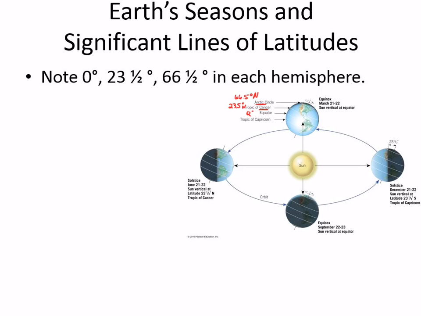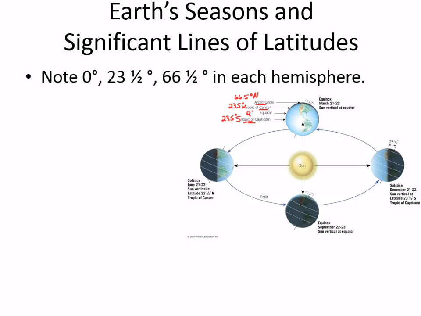yeah. And then down here, we have the second tropic. This is 23.5 degrees south latitude, and that's the Tropic of Capricorn. I kind of remember the 2 tropics because I think we get corns on our feet. I don't know. So Tropic of Capricorn is in the southern hemisphere.